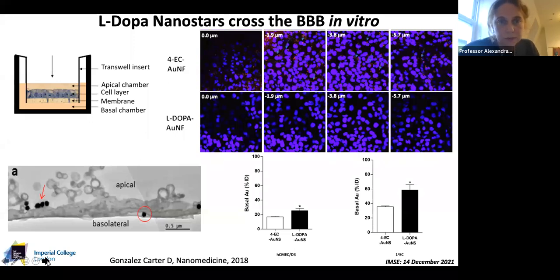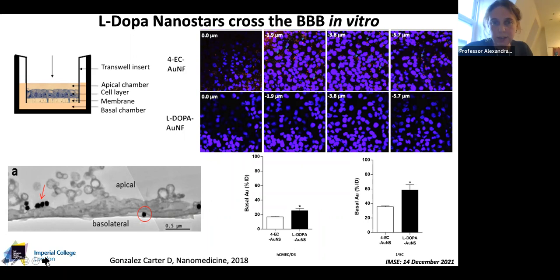And we were using two different cell types. We were using primary brain endothelial cells from a murine model, and also a human-derived cell line. And this is what we found. With our TEM, so with our transmission electron microscopy, when we took sections through the brain endothelial cells, we found them at the apical side and some evidence of them at the basolateral side.